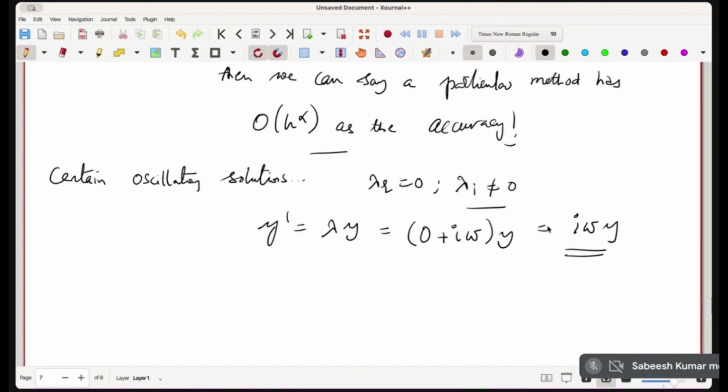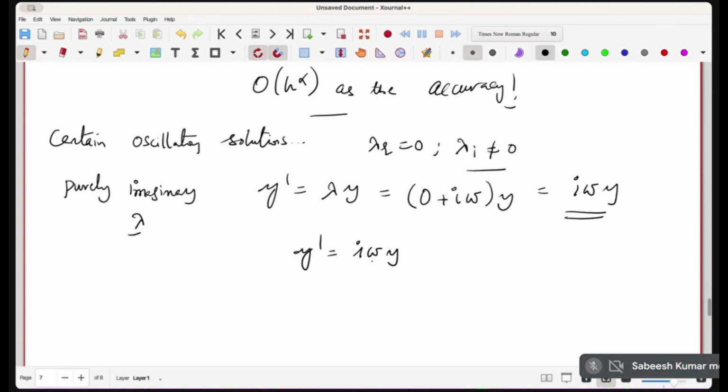Okay, so I have only purely imaginary lambda. Now this is very typical of problems like, as I said, spring mass damper systems or spring mass system and any other oscillatory problems. They'll have only purely imaginary lambda.